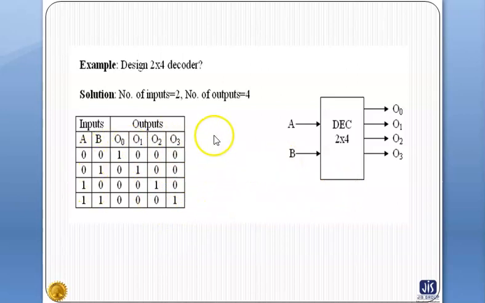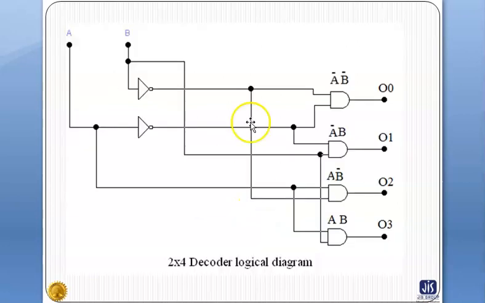Now from this truth table we can deduce the expressions for O0, O1, O2 and O3. For O0 it will be A complement B complement. Similarly for O1 it is equal to A complement B, and O2 is A B complement, and the output expression O3 is equal to A B. Okay.